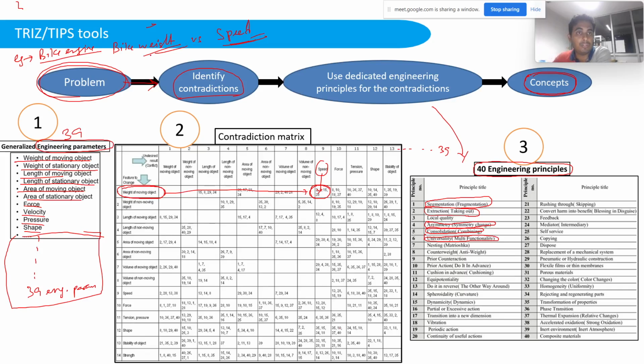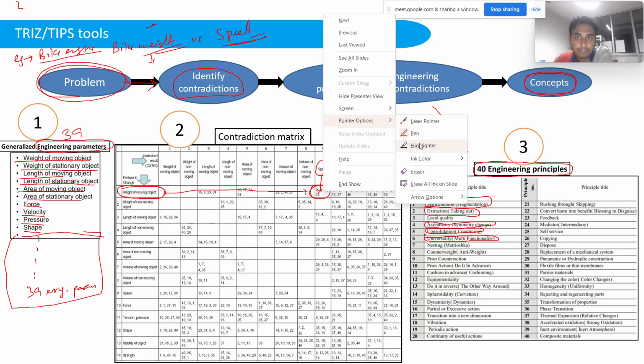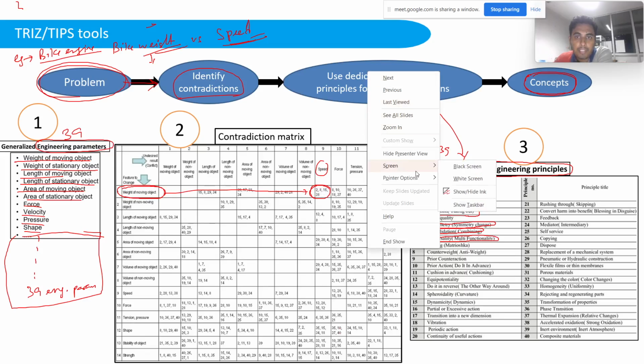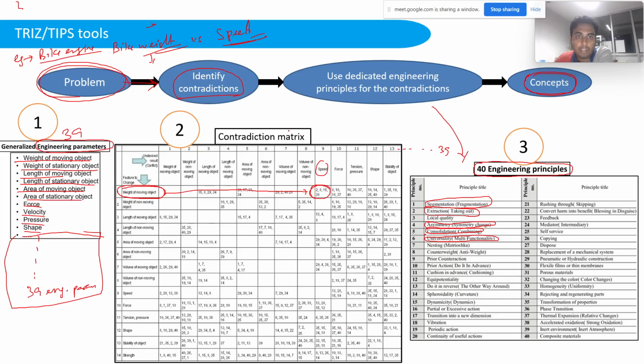If you only reduce the weight, it can go faster, but again the power will decrease, right? So this is a contradiction. Now, if you see here, this particular matrix is called the contradiction matrix, and this tells you that for this particular contradiction you need to consider principles 2, 8, 15, and 38.